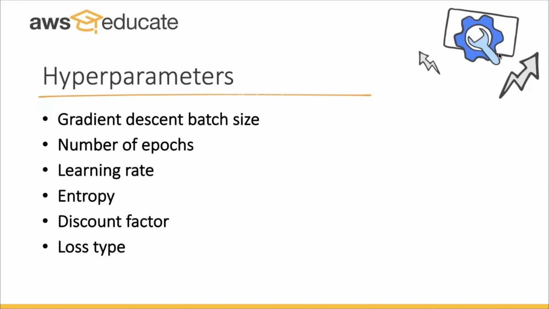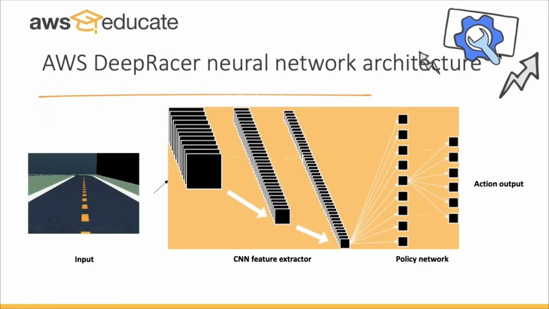Here is the neural network architecture that we use in AWS DeepRacer. The first layer is an input layer. This is followed by a 3-layer CNN to help identify the features from our images needed to make driving decisions. Finally, we have 2 fully connected layers to help determine what action we should make.